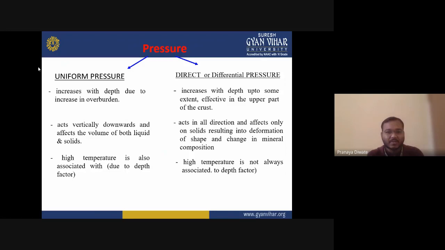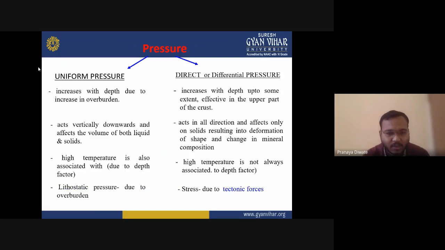High temperature is not always associated with the depth factor in direct phenomena. Then you have lithostatic pressure due to the overburden, and stress due to the tectonic forces.